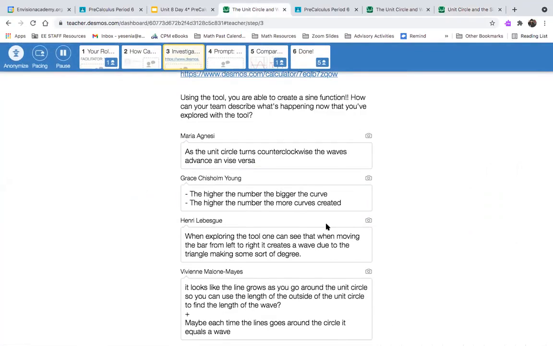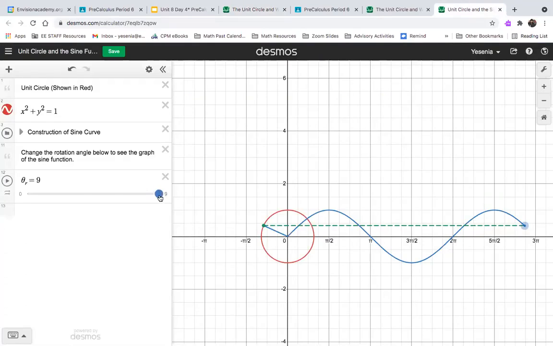And so you all can take a look at this, but the ones I wanted to definitely point out is Grace's comment where it said the higher the number, the bigger the curve. Let's go ahead and see if that's true again. So higher the number. So for example, the green circle, right? It's all the way up at the top of the circle, see? And it makes kind of like a maximum on the wave.